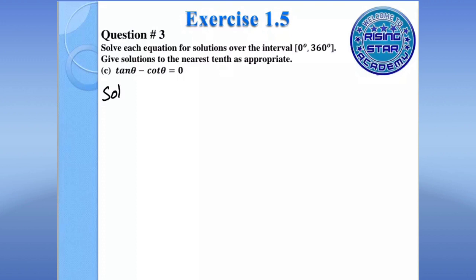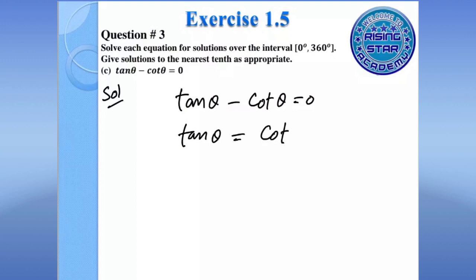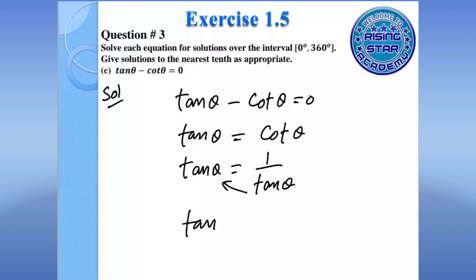Solve part C. So we have tan theta minus cot theta equals 0. So we'll write tan theta equals cot theta. Cot theta will be changed to 1 over tan theta, and now I would multiply this tan theta with the other tan theta, that would become tan square theta equals 1.